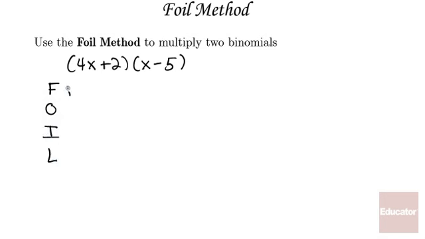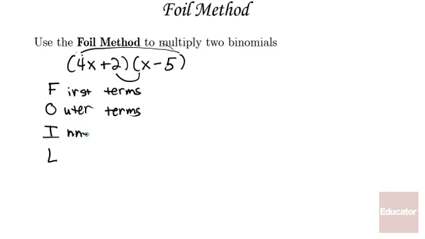FOIL stands for first terms, outer terms, inner terms, and then the last terms. You're really just using the distributive property, but this is a way to help you remember that.